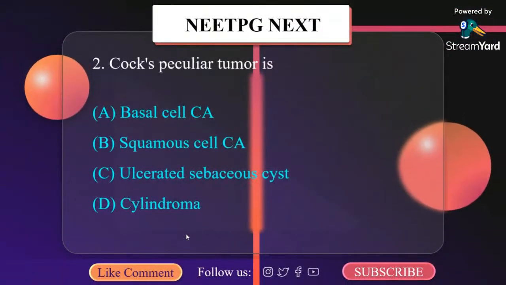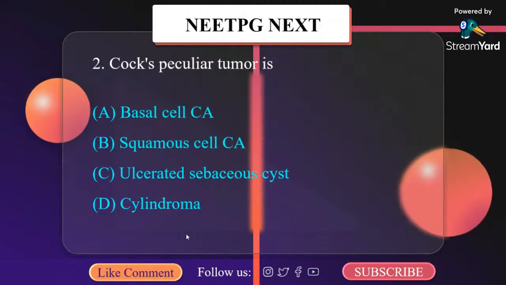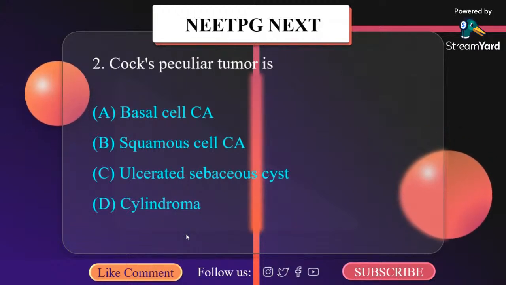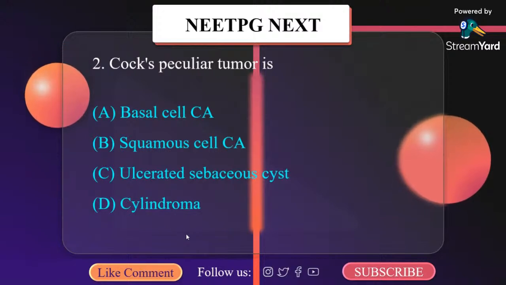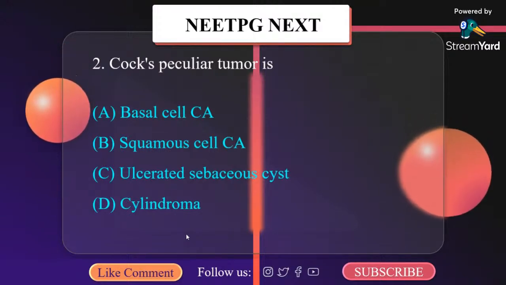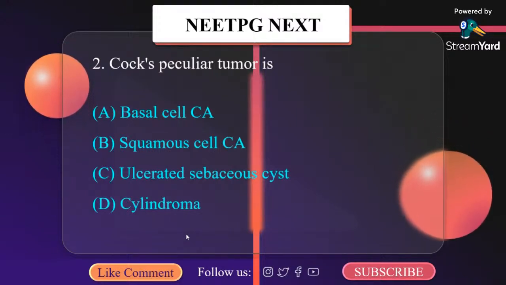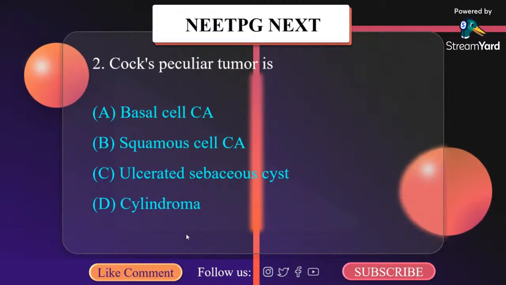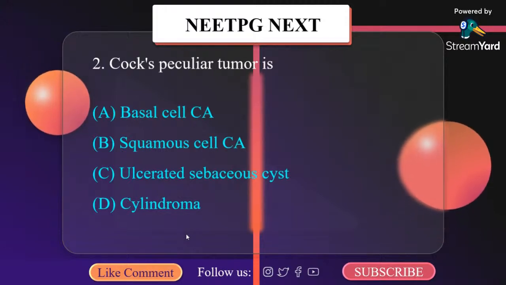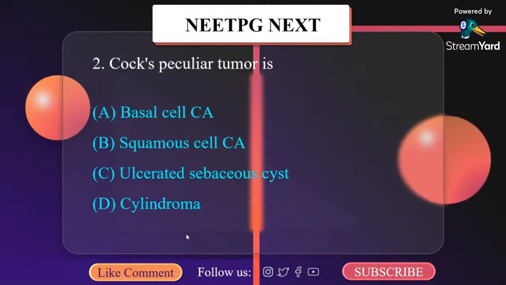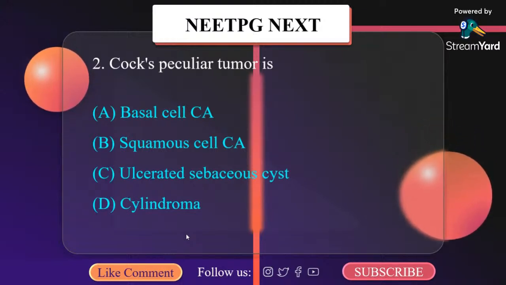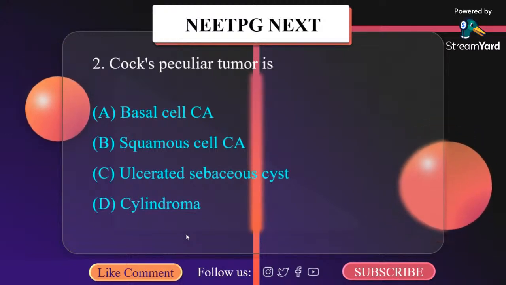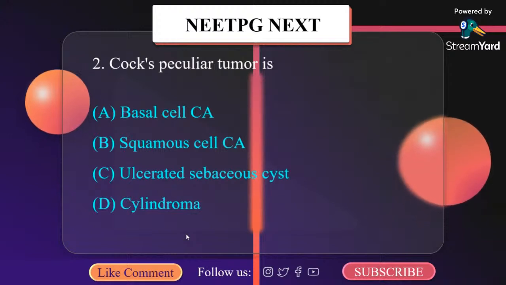Cock's peculiar tumor is: A. Basal cell carcinoma, B. Squamous cell carcinoma, C. Ulcerated sebaceous cyst, D. Cylindroma. Most common cause of small bowel obstruction, we have seen, was post-surgical adhesions.